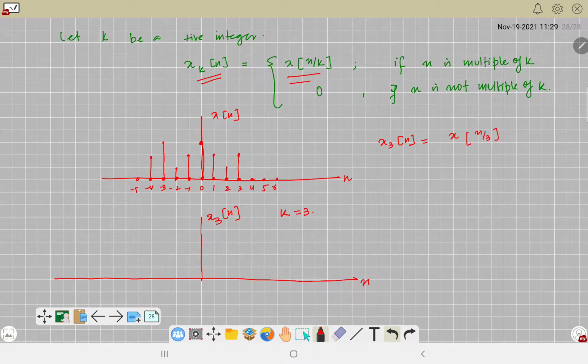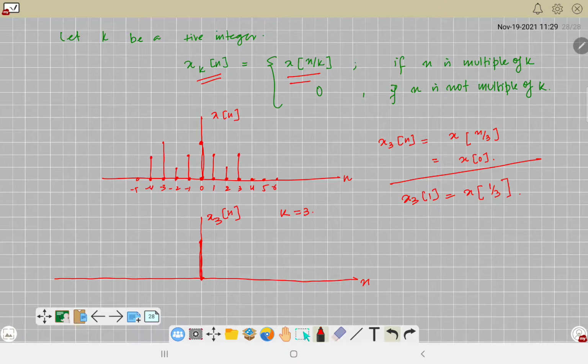If I take the first point, n corresponding to 0, it means x of 0, which means the sample that exists at 0 in this new signal will still exist. Now for n equal to 1, that is x3 of 1, it will be x of 1 by 3.